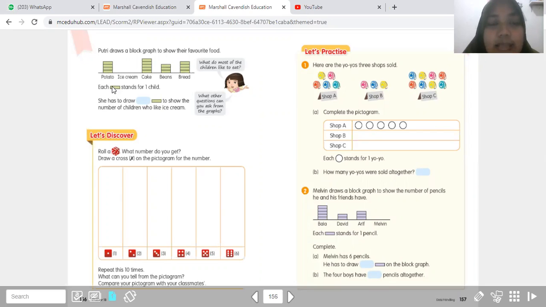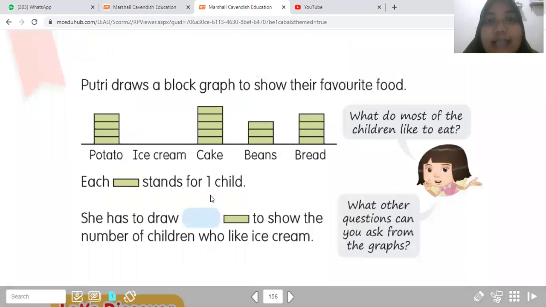So, for example, this one block will represent one child, right? So when you put one block like this, it will represent the data.